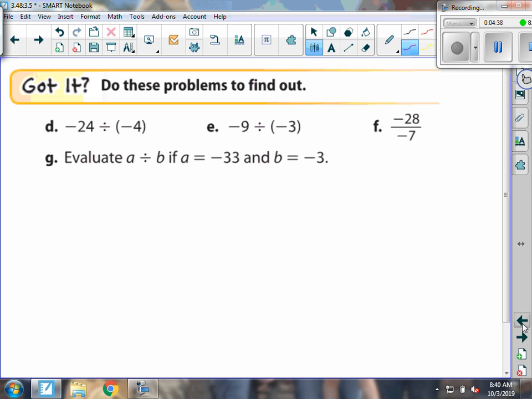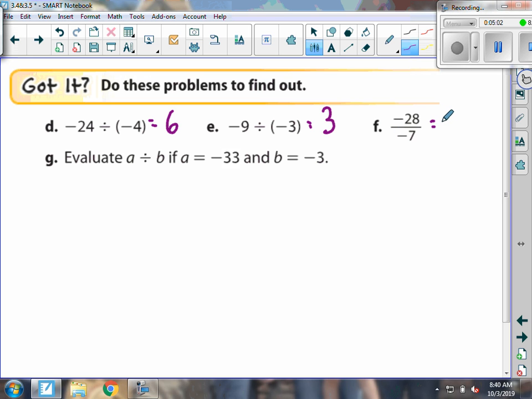Try these 4, please. Go ahead and pause this and take a moment. D, we have negative 24 divided by negative 4, and that gives us positive 6. E, we have negative 9 divided by negative 3, and that gives us positive 3.